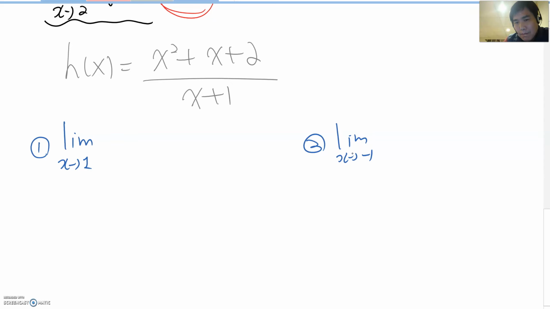The key point is we don't care about the numerator, because the numerator can be any number: 0, positive or negative.